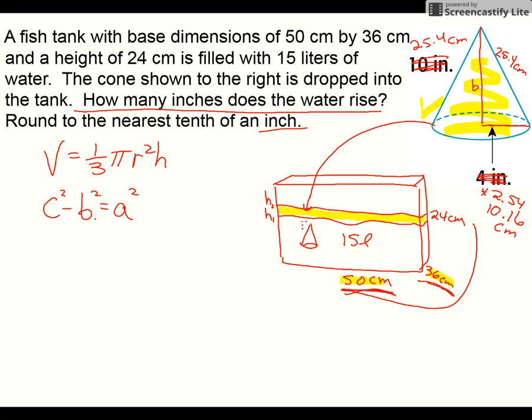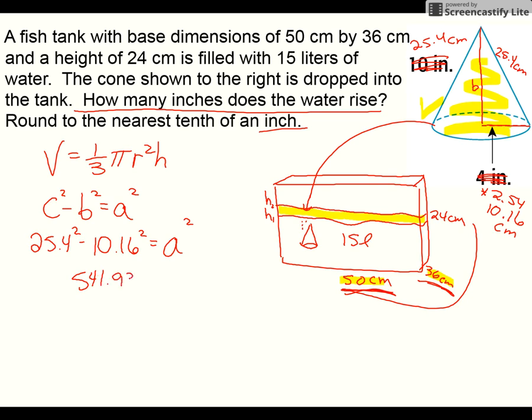So from there, now I'm going to take 25.4 squared minus the side. Again, I use b here, but it could be a, same thing, minus 10.16 squared. And that will equal a squared. And then from there, we get a total here of 541.9, and if you use your calculator, you'll find this out.